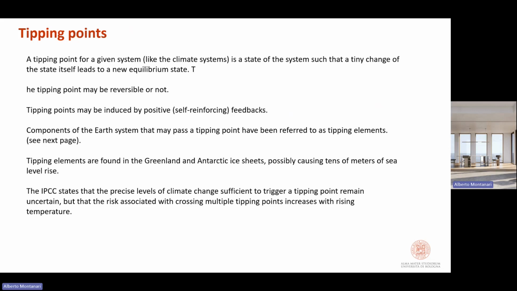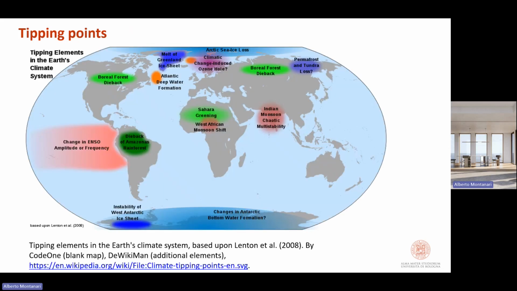If we don't know a mechanism, and for many of them it is not known, we can't translate the mechanism into an analytical equation that forms a model. These are some examples by the IPCC, and this is from Wikipedia, but I think it's based on a paper which is inspired by the IPCC. This is an example of tipping points that may happen.